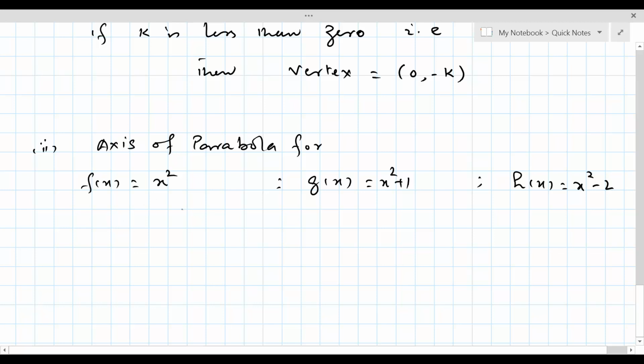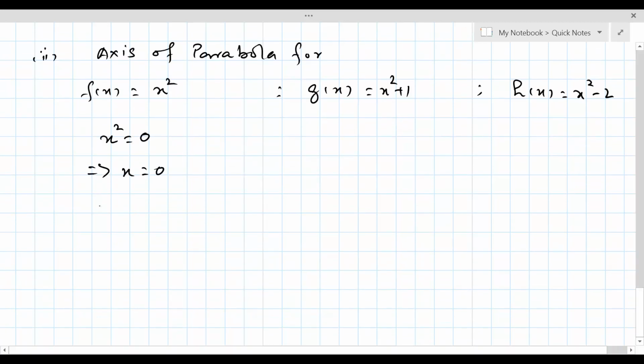For axis of parabola, for f of x the square term equal to 0, means x square equal to 0. This means x equal to 0, which means y-axis. So y-axis is the axis of parabola, and here in this case g of x is equal to x square plus 1 again.